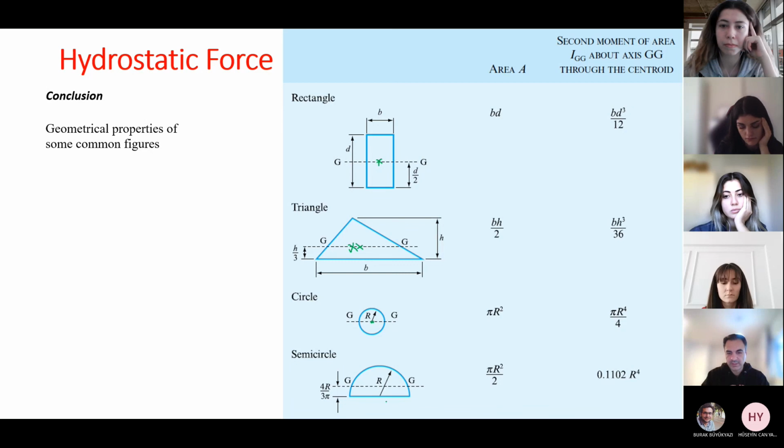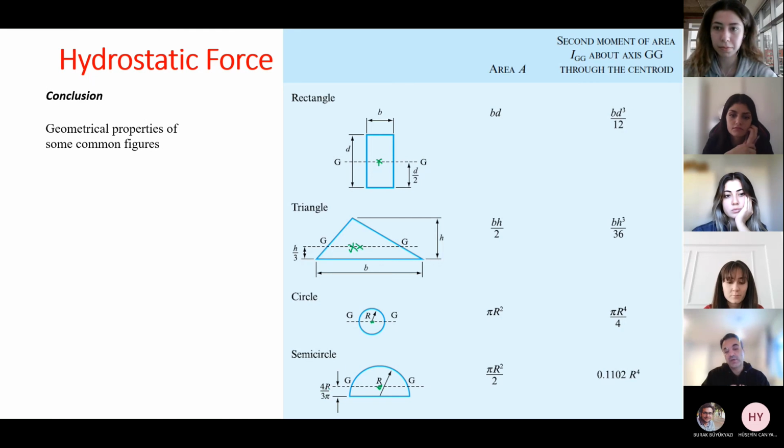And for a half circle or semicircle, this is the line of the centroid. Here is the centroid, and this value you should know is 4r over 3π, where r is the radius of the circle.